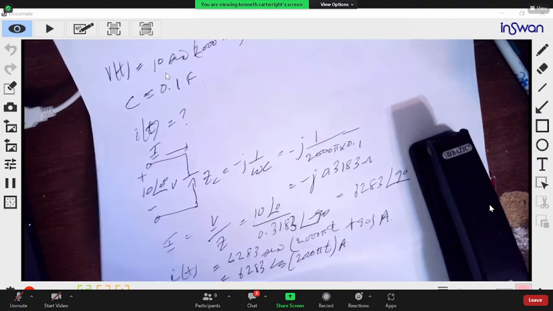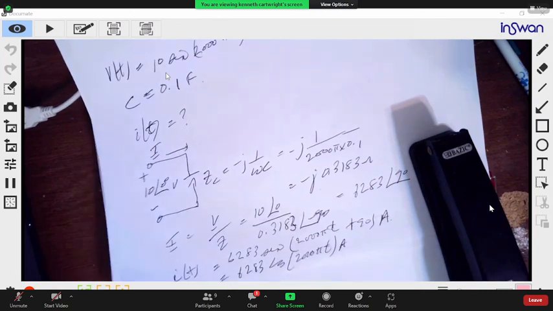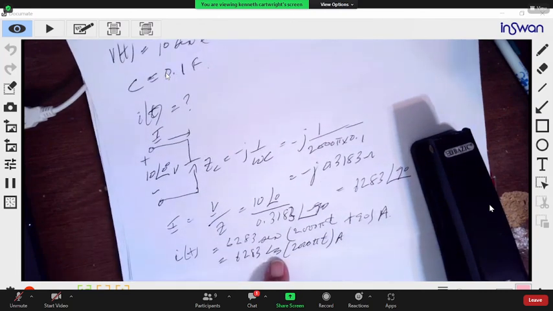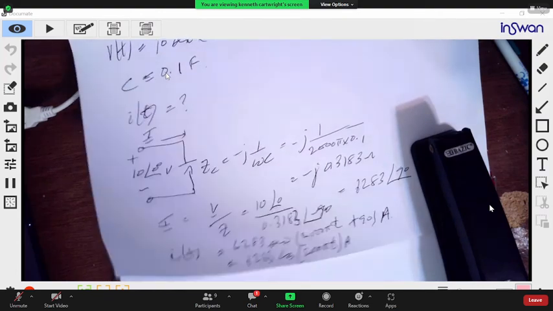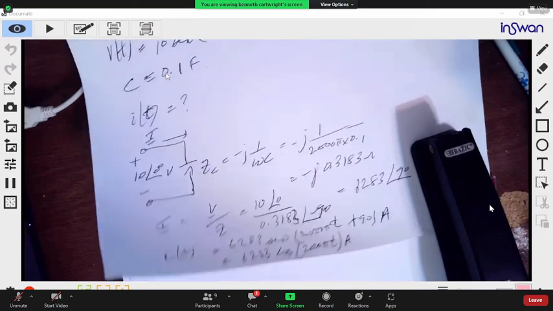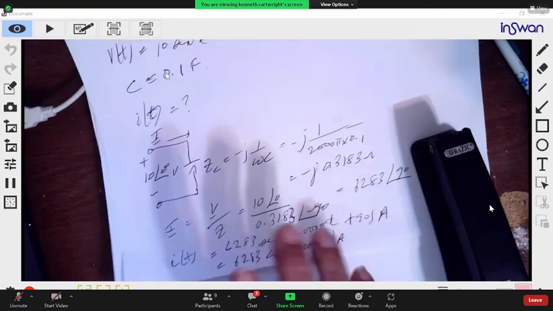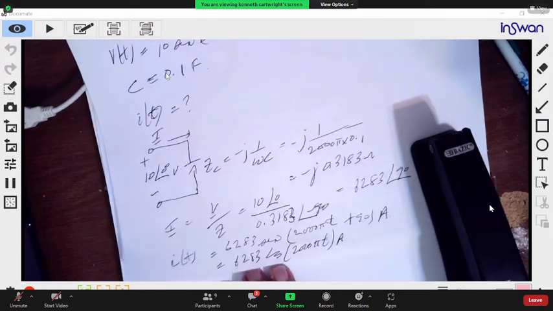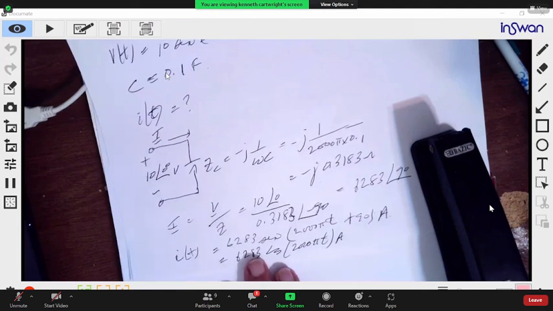No, that's nonsense. I don't have to change sine to cosine. Here, I changed sine to cosine to show you that they're both the same. If you have a sine wave, you don't change it to cosine. Say you have the input sine wave in time domain form. Just by looking at it, you can write it in phasor form if it's in sine, but not if it's in cosine, right?